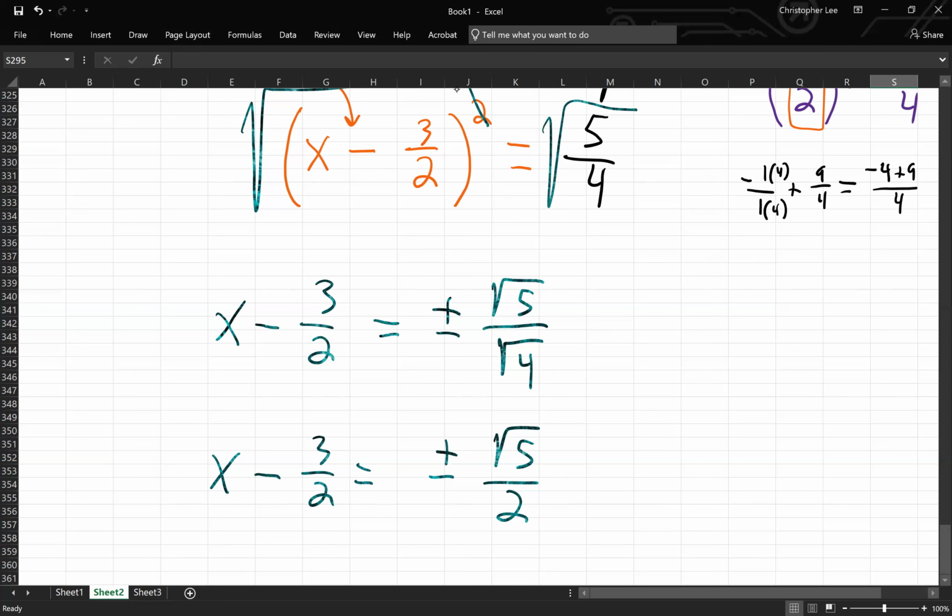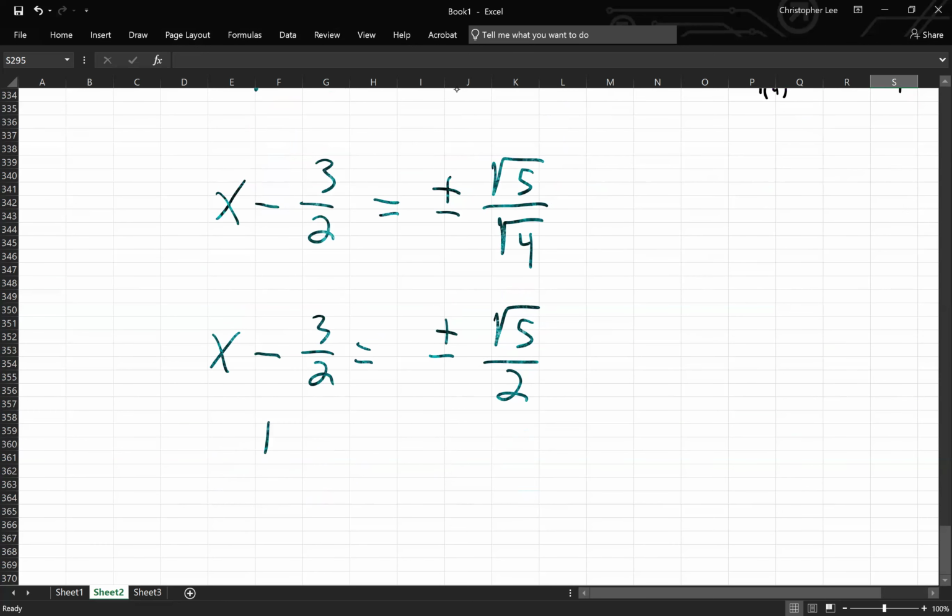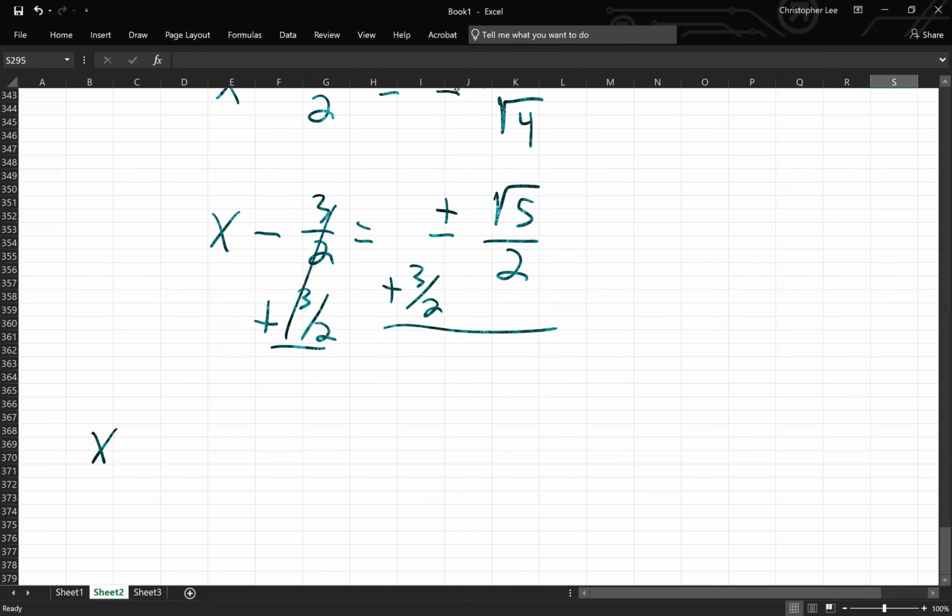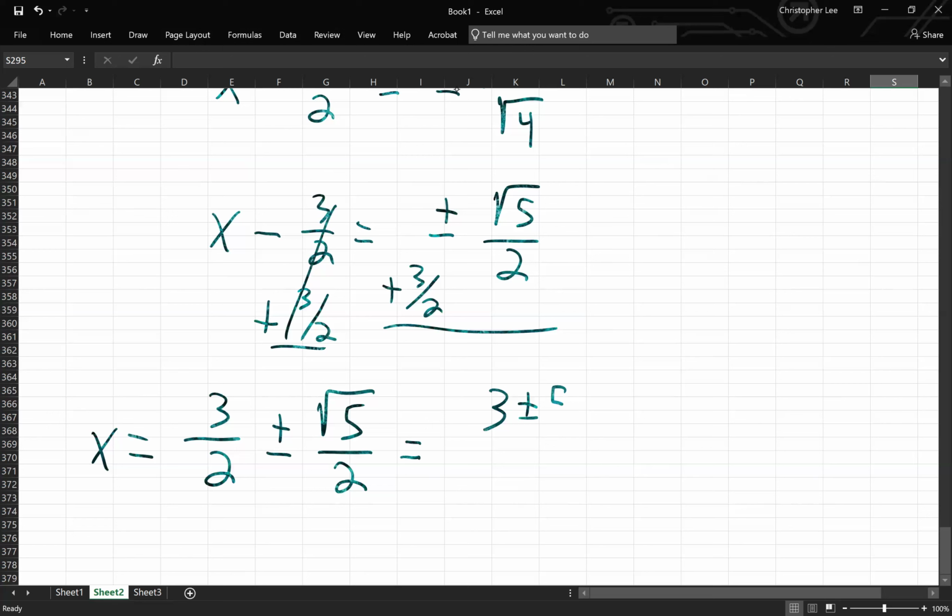Add the 3/2, right? So we're going to add this 3/2 over here. What you do to one side, you have to do to the other. So let's look at my final answer. X is equal to 3/2 plus or minus √5/2. You could also write that as 3 plus or minus √5, over 2.